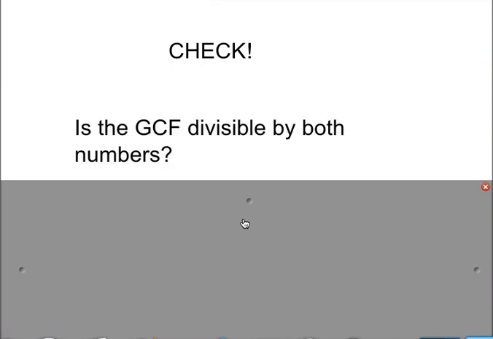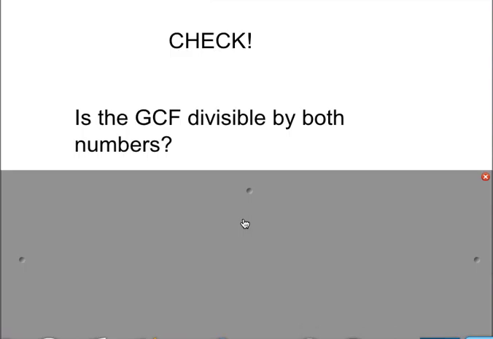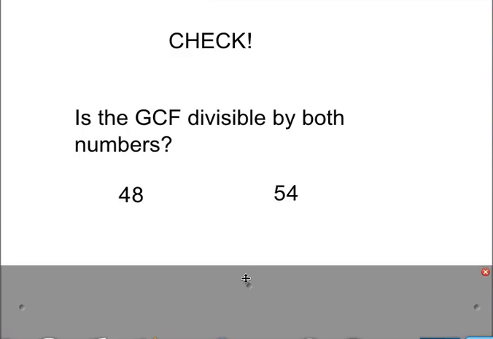Before I can move on to the next problem, I need to check and make sure that 6 is in fact the correct GCF of 48 and 54. In order to check my work, I have to make sure that the GCF is divisible by both numbers. So again, I have 48 and 54. Is 48 divided by 6 going to work?